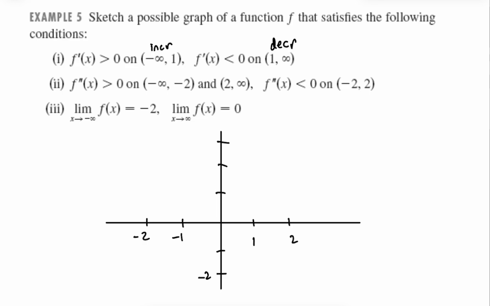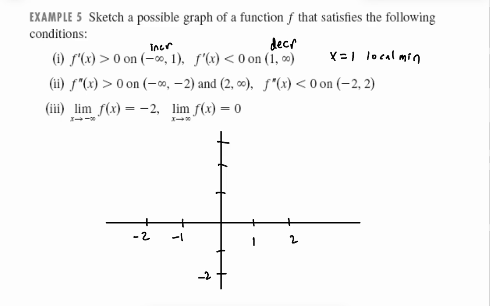If it is decreasing and then increasing as it hits 1, what is happening at 1? Is it a local min or local max? It's a local min. So that first piece of information tells us that when x is equal to 1, we need to have a local min on our graph. It has to be increasing always to the left and decreasing always to the right.